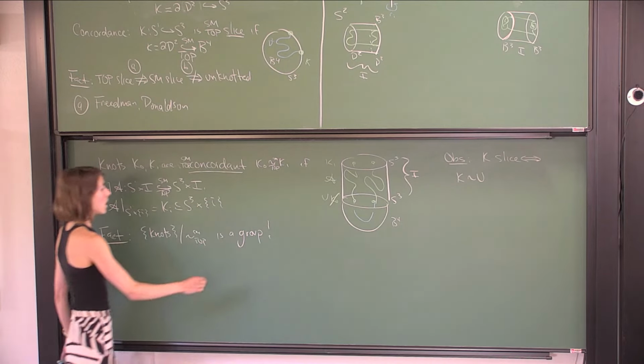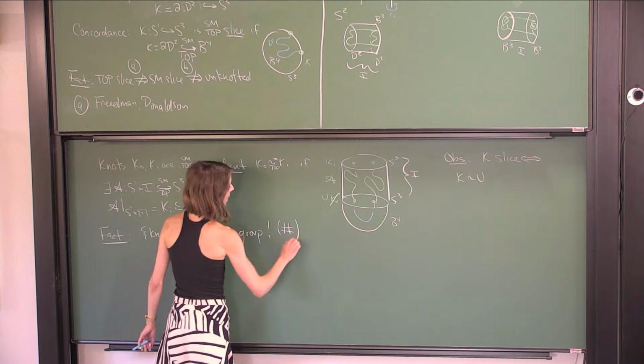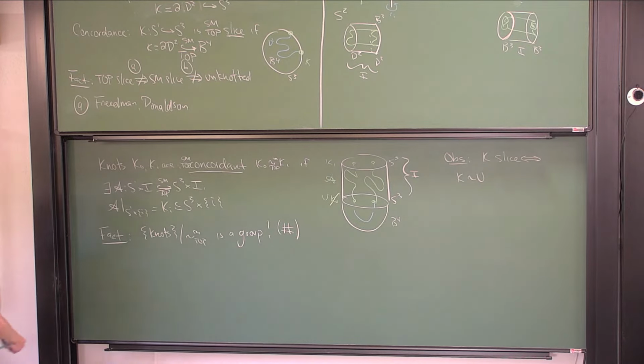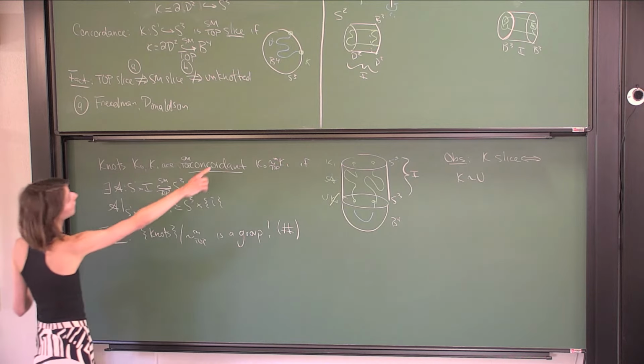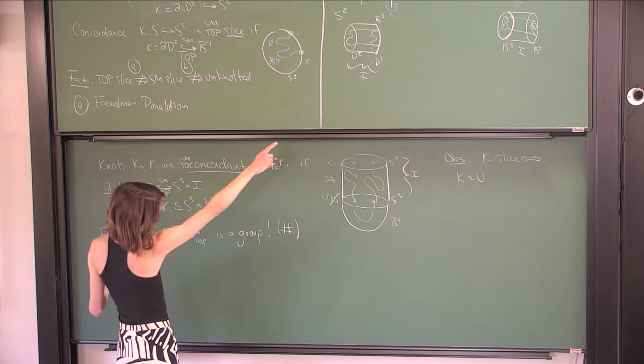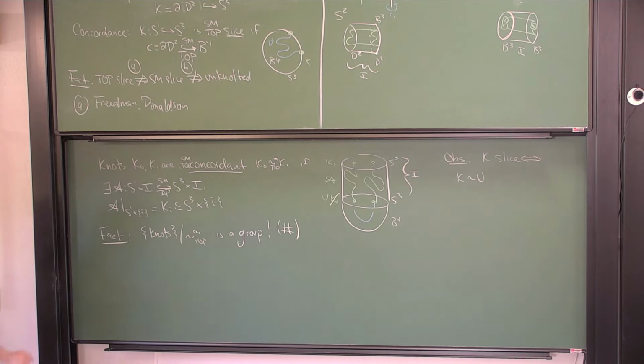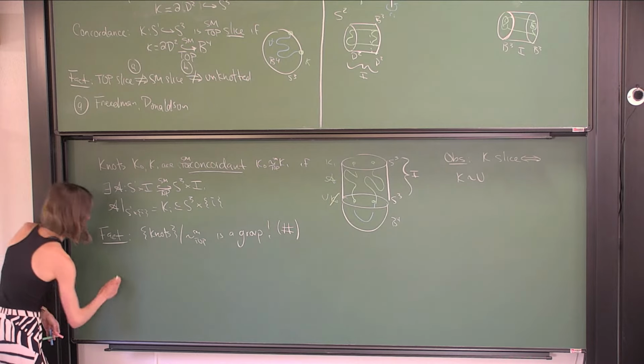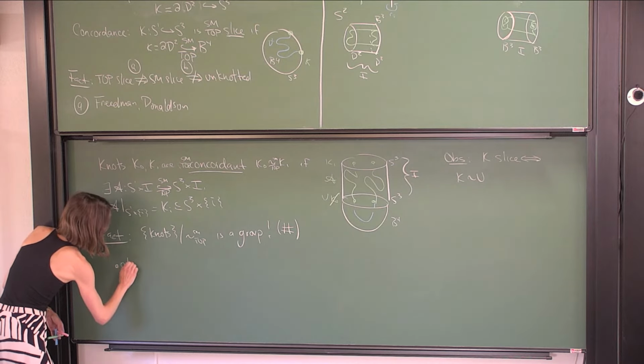I'm not going to prove this, but if you want to prove it as an exercise, a hint is that we've actually already seen where the inverse is going to come from. It's going to come from something baked into that example. And this is a very interesting group. So some things we know about it is that it's abelian.